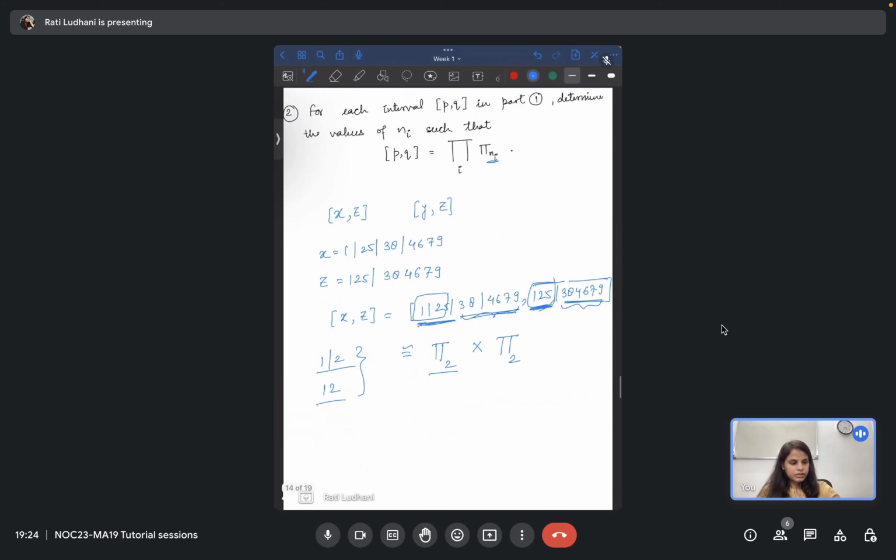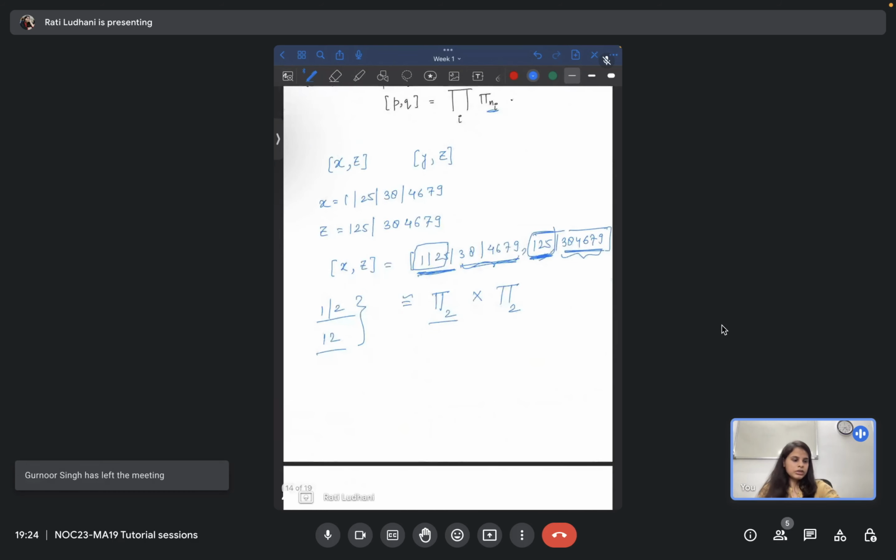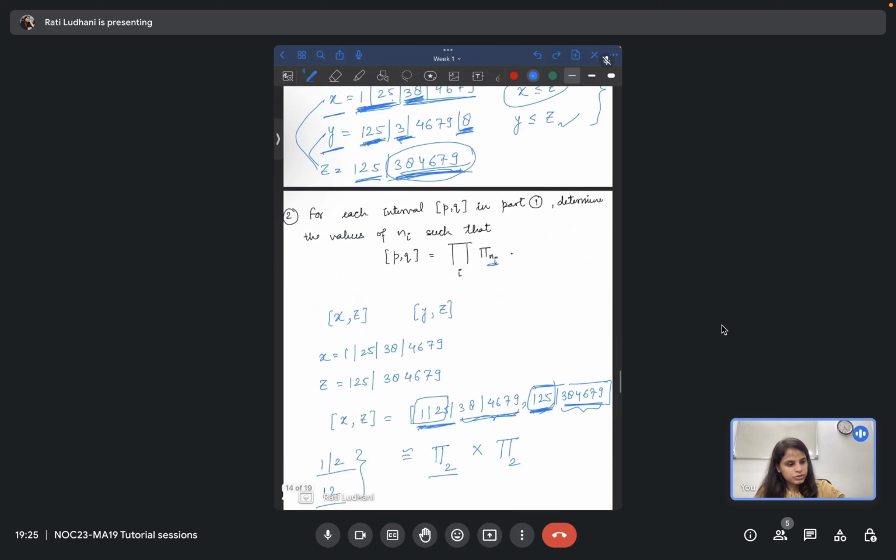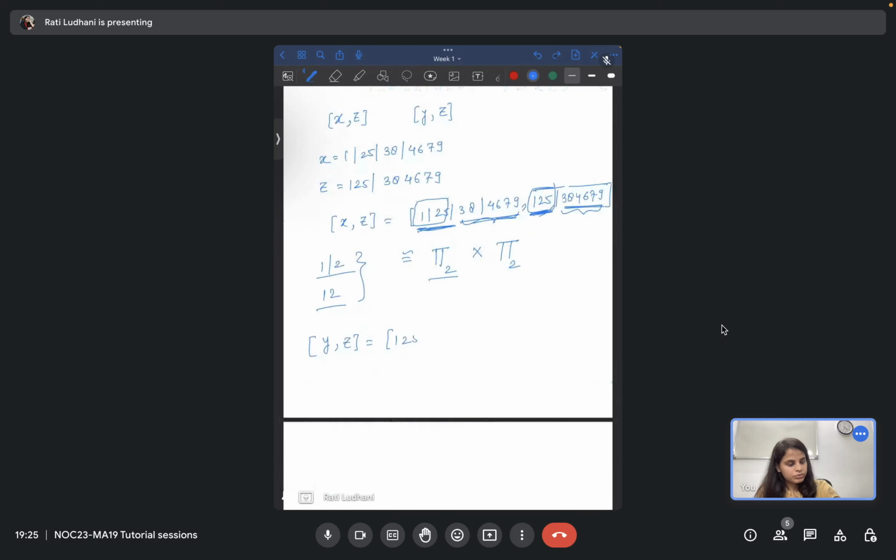So for example, I can go with x and z, also y and z. Okay, I'll do y and z also, so you will get more intuition. So y is 1 2 5 3 4 6 7 9 and 8, and you have 1 2 5 3 8 4 6 7 9.